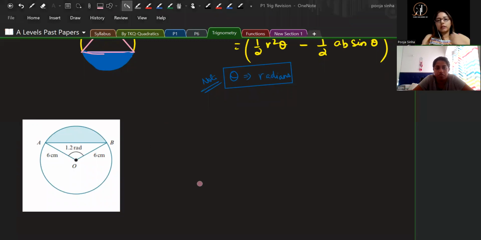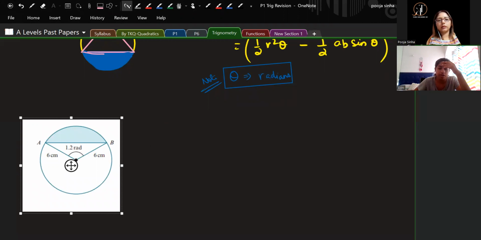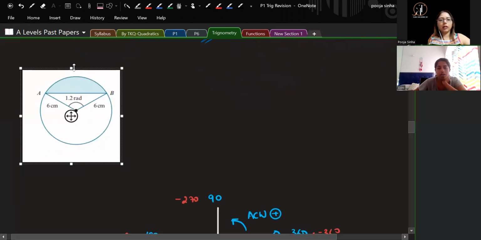Find the area of the sector AOB, the area of the triangle, and the shaded segment. Basically, you have to find the area of the shaded segment.